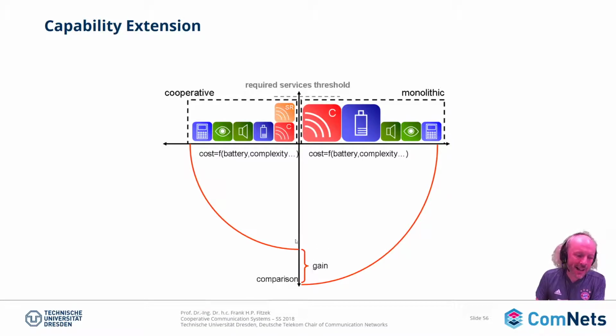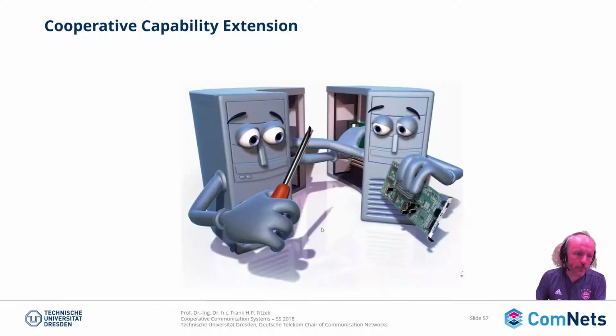At the moment I claim there's a gain, later you will even see that. But just as a picture where you could expect the gain. I also find this nice picture where two devices really are helping each other by giving out the different parts that they have in common and moving them around in order to get the best service for one or the other.